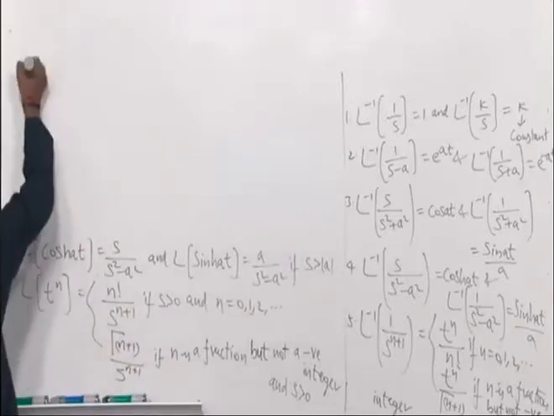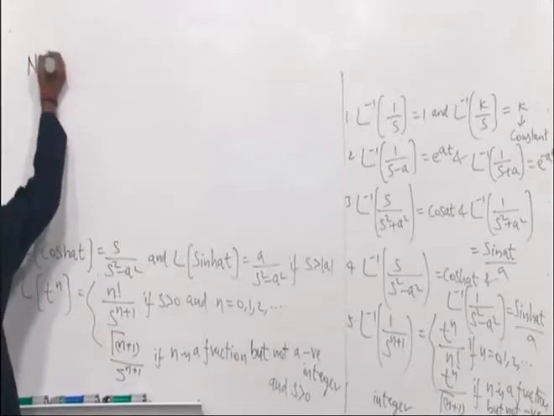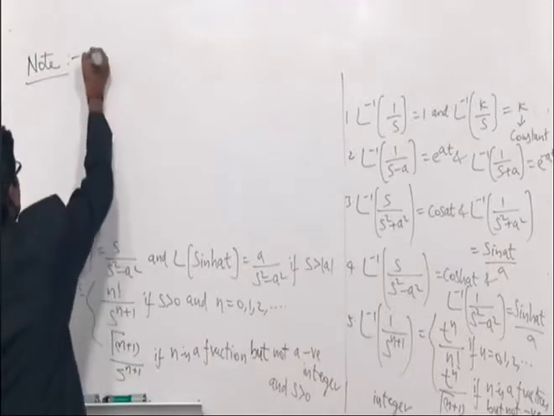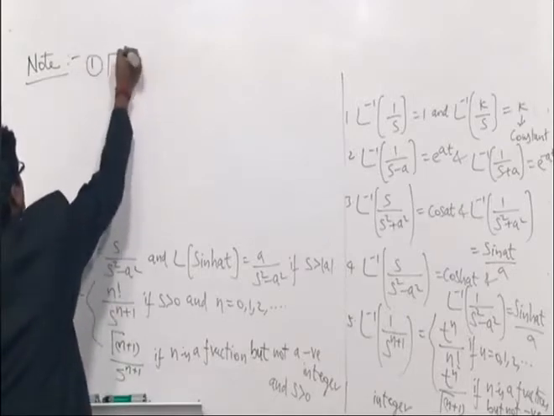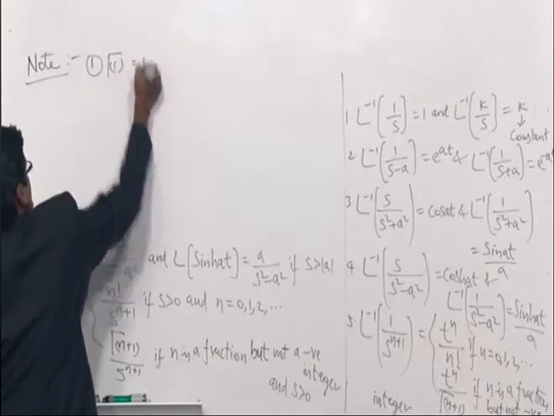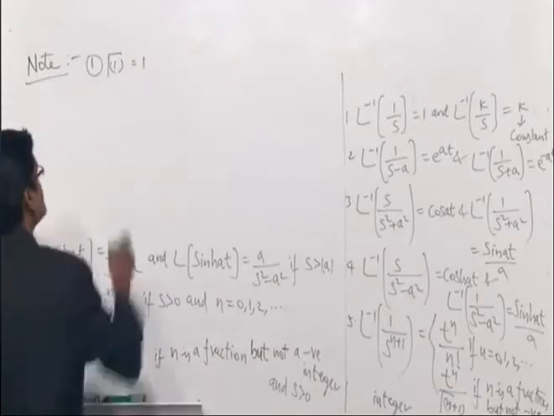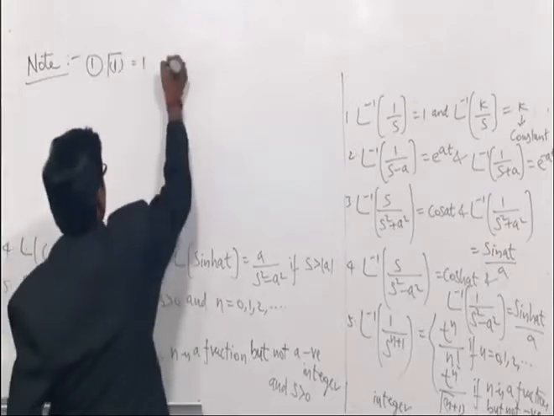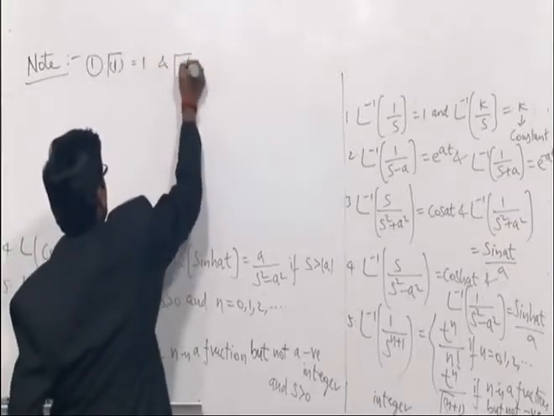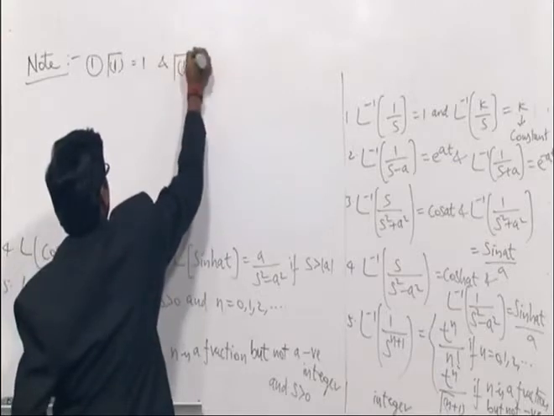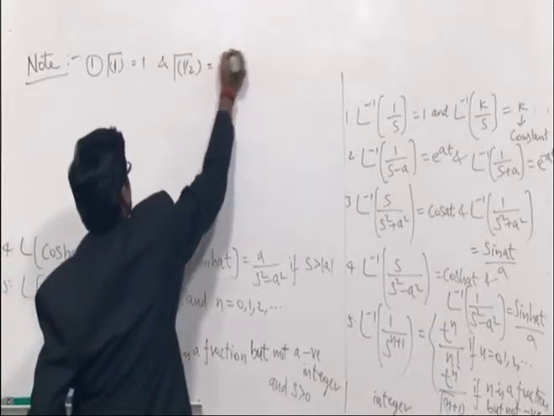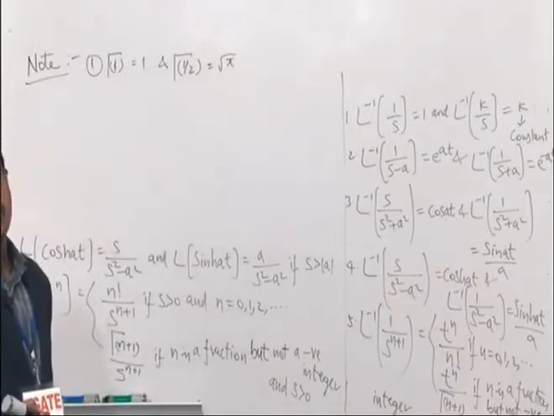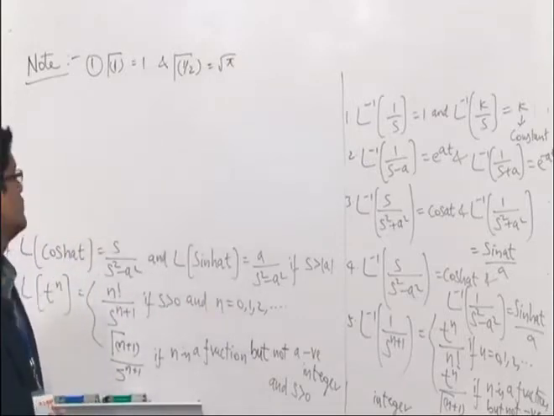Note, first point, gamma 1 is equal to 1. And gamma 1 by 2 is equal to root over pi. Just remember, these are two standard gamma values. Okay.